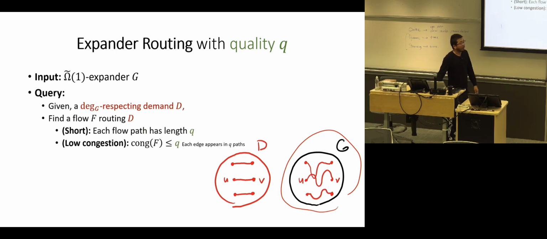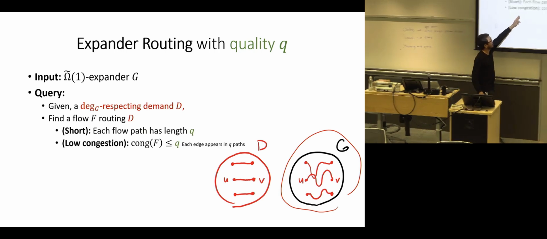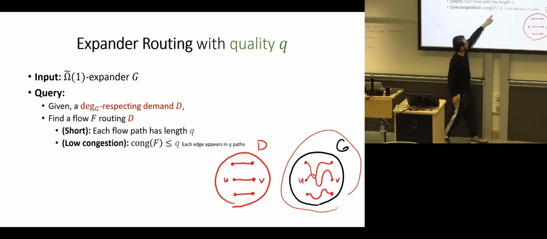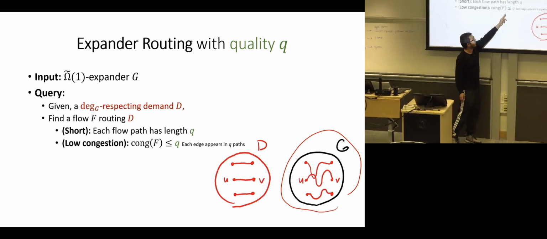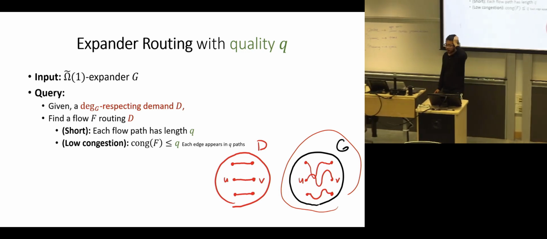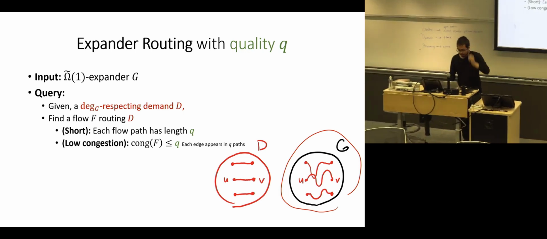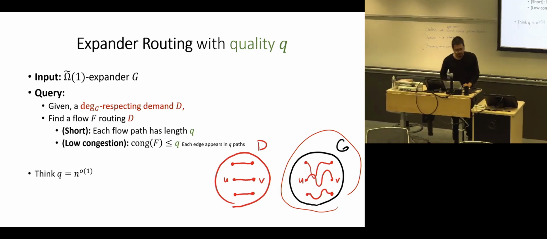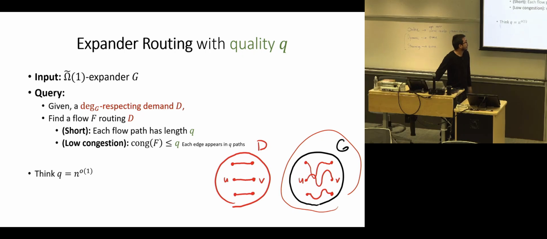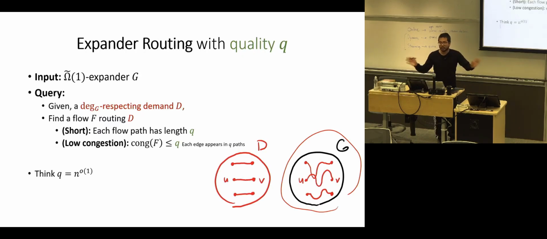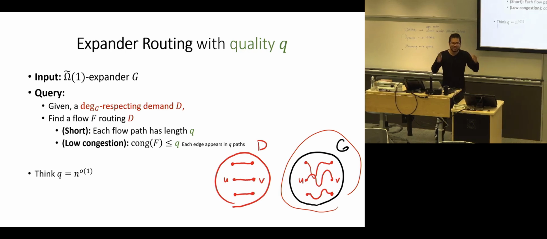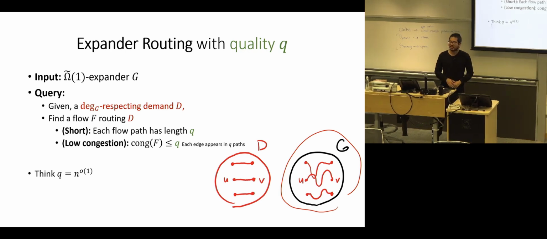But this routing should be short. Like the flow here should be short. Each flow path has length, let's say, at most q, and the congestion of the flow is small. Okay. Think of q as something like n to the little o(1). So that's it. That's expander routing. Just routing on an expander. Okay.